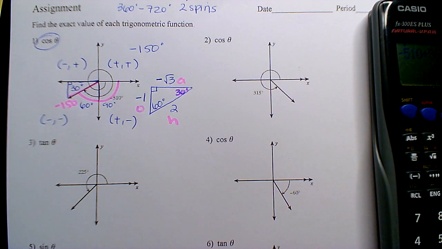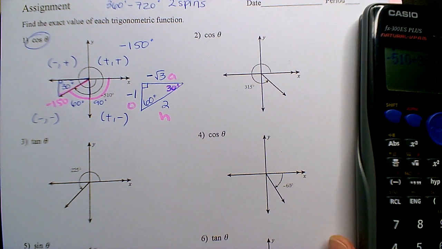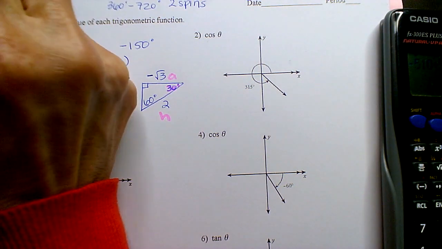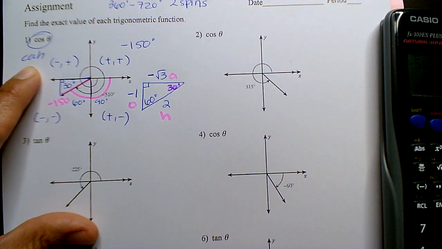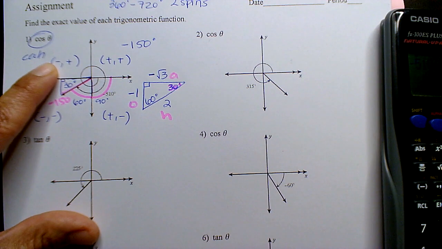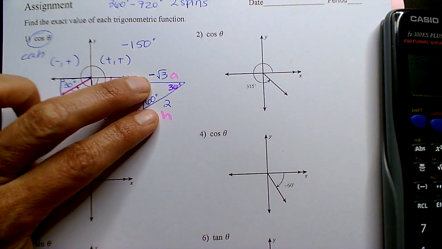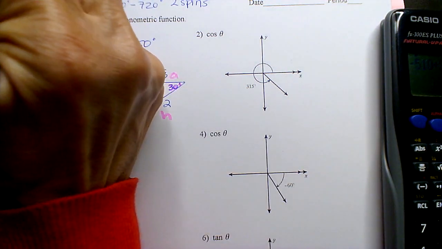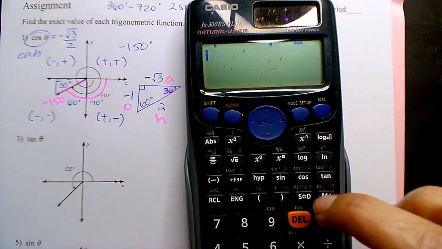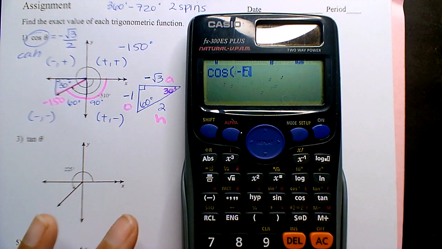Now what is cosine? Cosine is the ratio of adjacent over hypotenuse, so I get negative rad 3 over 2. And that's what the calculator gave me.